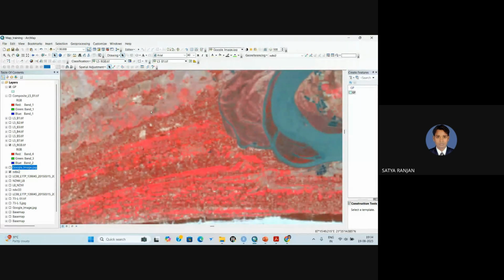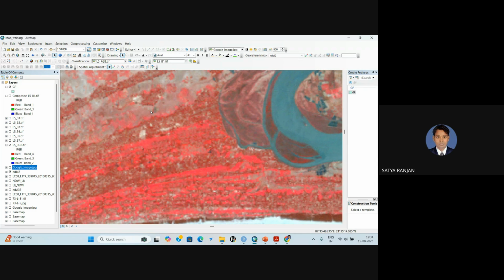In this demarcation it is very difficult, because a swampy area also includes surrounding water bodies in the inland areas, and a mudflat area also has water bodies near it. So at that time, some of the values are incorrectly matched. Otherwise, it is not giving a large area error.